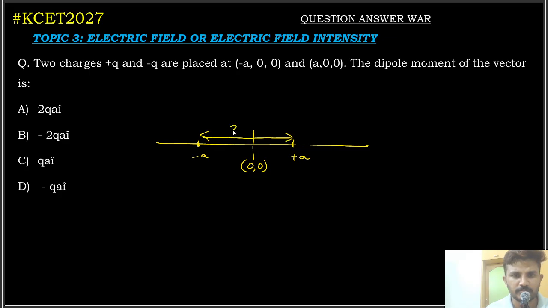The dipole moment of the dipole, we can write P is equal to 2aq in vector form. Since the dipole is directed from negative to positive charge, that is towards the positive x-axis, 2aq i cap.